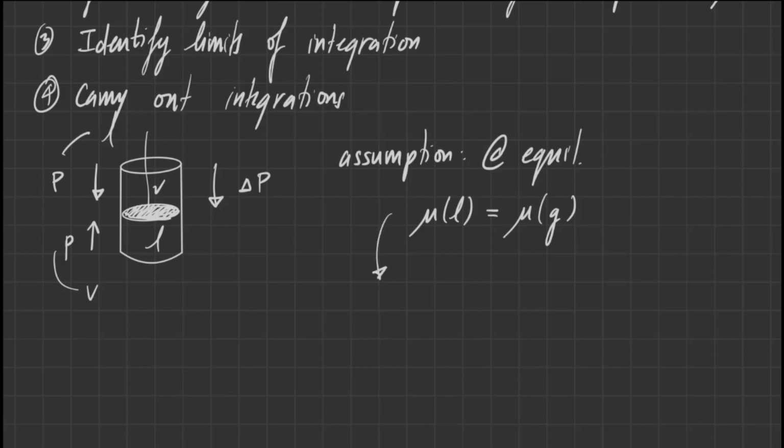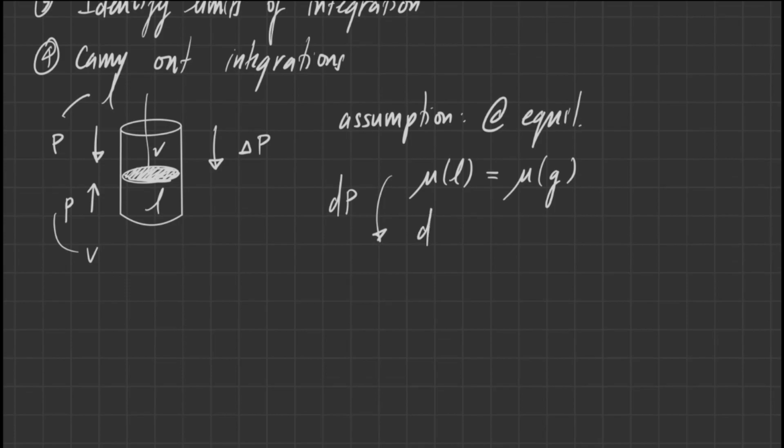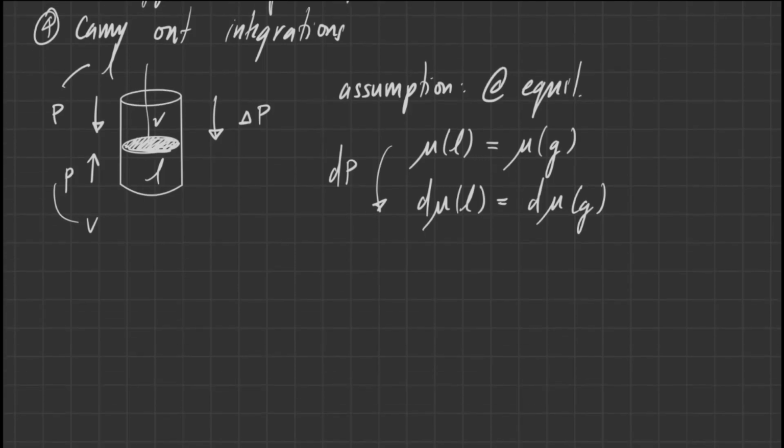So say we apply a pressure, delta P. There will also be a change in the chemical potential of the liquid phase, which must equal the change in the chemical potential of the gas phase if we're to remain in equilibrium, and that's why this equality is necessary.